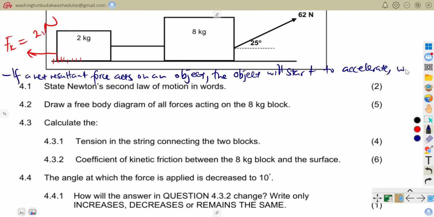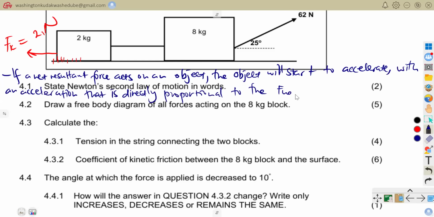It will start to accelerate with an acceleration that is directly proportional to the net force applied, and inversely proportional to the mass.